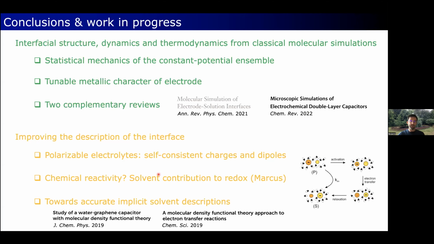It's not possible at this stage to describe completely chemical reactivity, but there is one contribution to redox reactions that can be efficiently sampled in this simulation, which is a contribution of the solvent polarization around the solutes, which are important to redox reactions, so electron transfer. This is the essence of Marcus' theory.